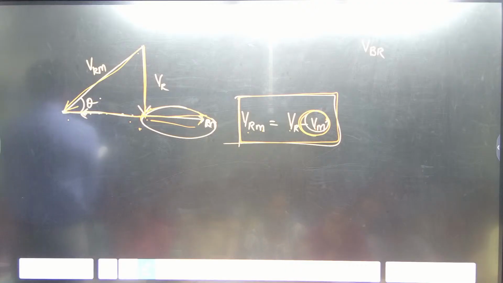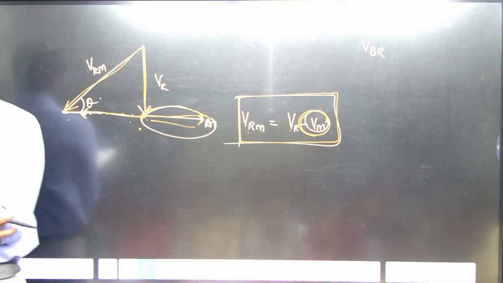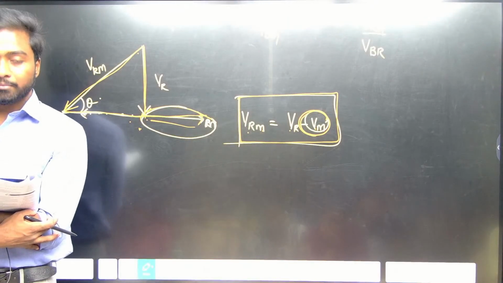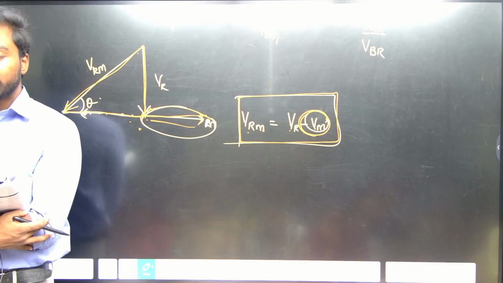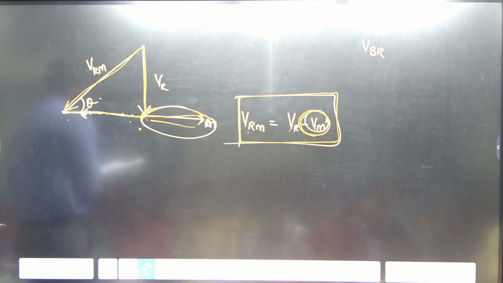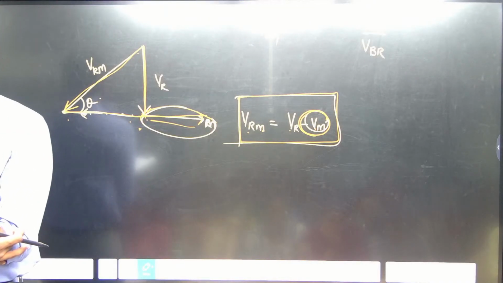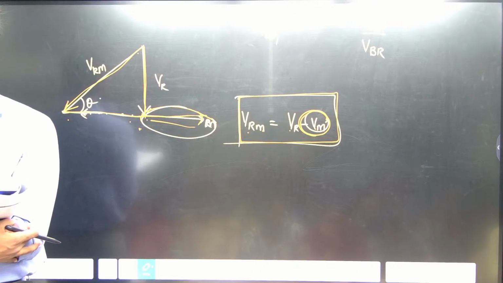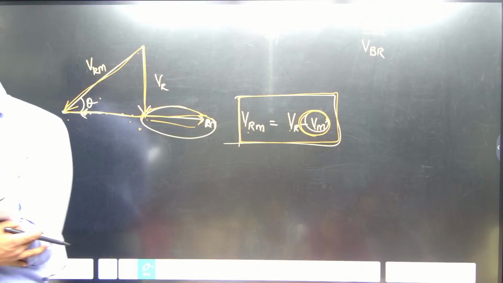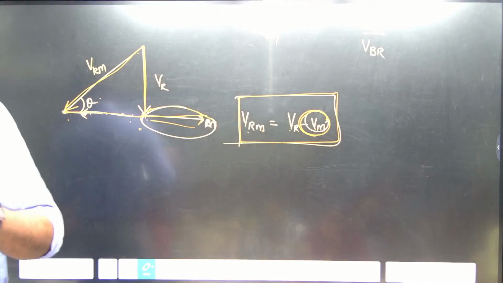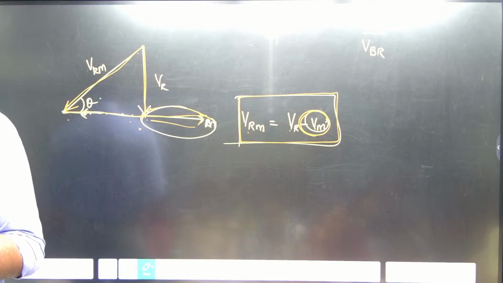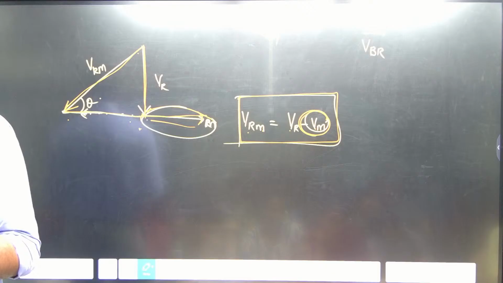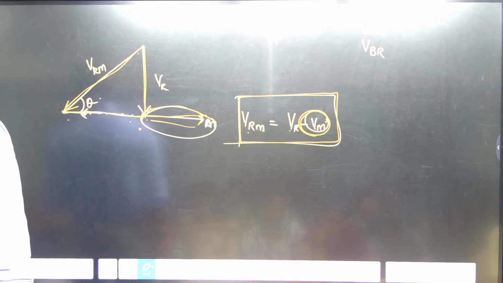It crosses a river of width 1 km along the shortest possible path in 15 minutes. Find the velocity of the river.